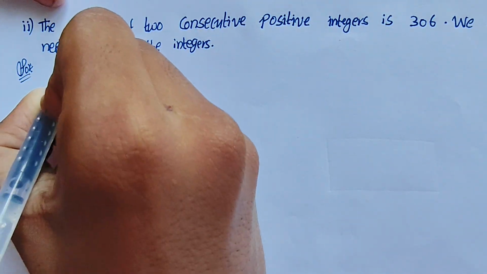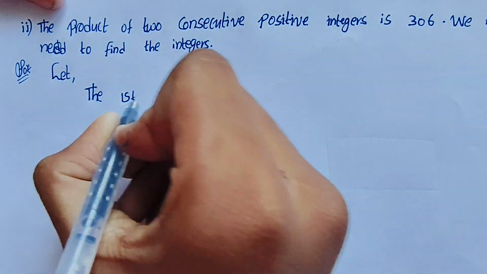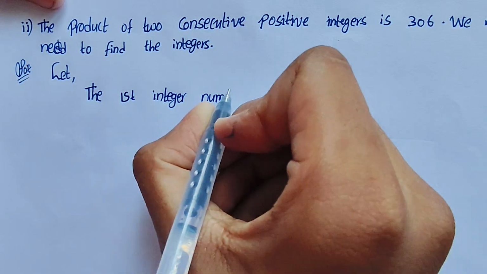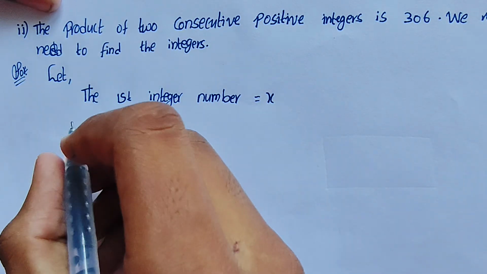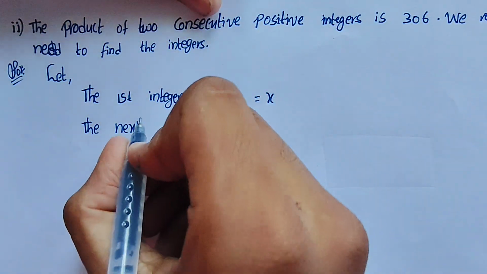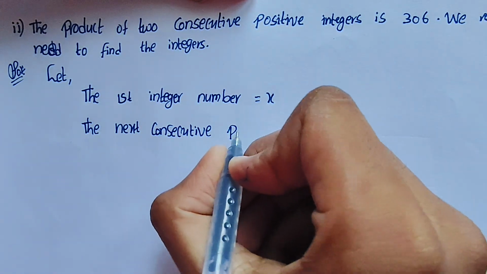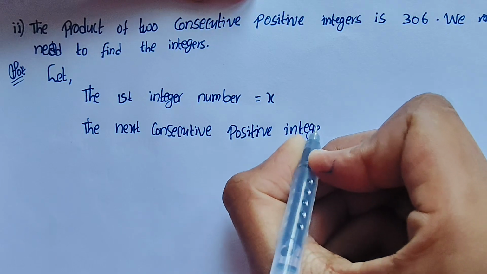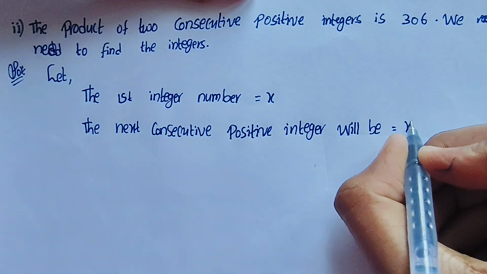Let the first integer number equal x. I am taking the first integer number x, and the next consecutive positive integer will be x plus 1.